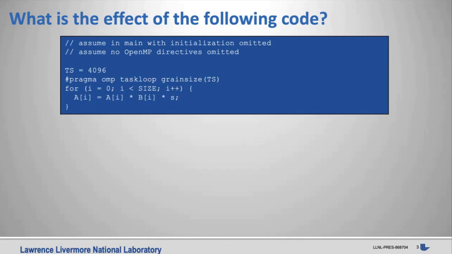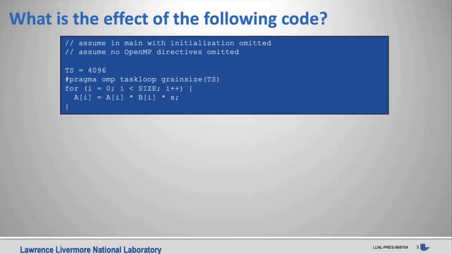We then encounter a loop that gives us the inner product of these arrays scaled by some scalar S. That is captured inside of the taskloop construct with a specified grain size.